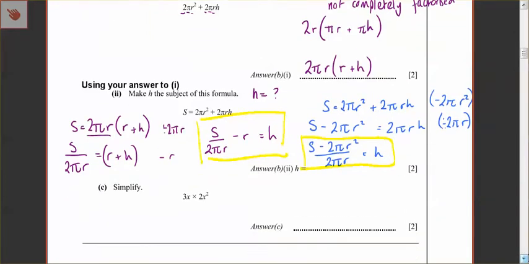Well, with this one, there's 2 parts. Some of you lost an easy mark. What's 3 times 2? It is 6.